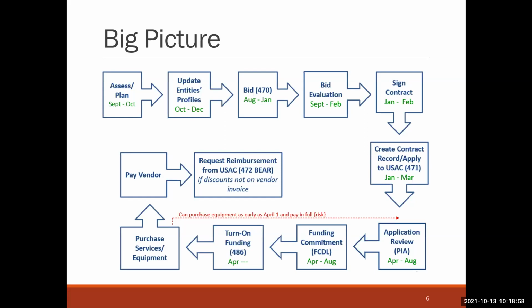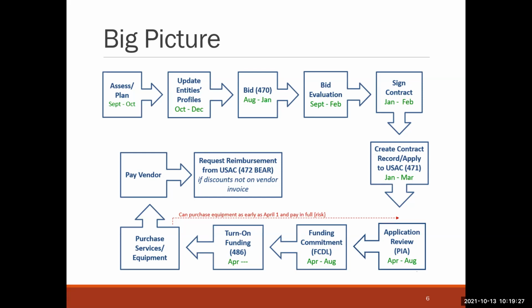So first, we start with the assessment and planning, which means figuring out what you need to get E-rate funding for based on reviewing the eligible services list and based on your current inventory of equipment. So you figure out your needs, and then you figure out of those needs, what will E-rate pay for?